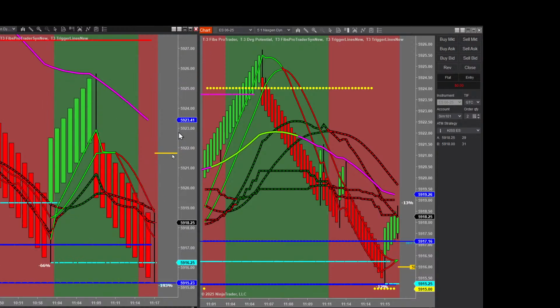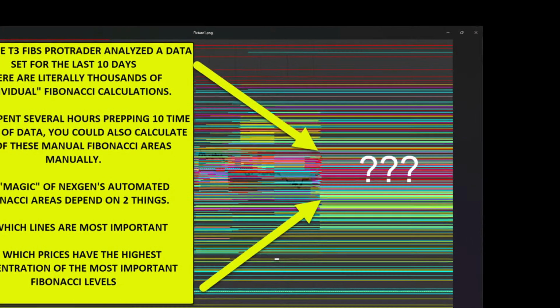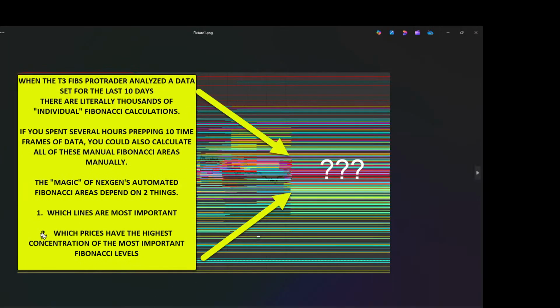This is what Nexgen's been doing for almost 30 years now, creating these fib levels, and it's cool how it's done. You're clearly familiar with it. Guys, when your software opens up, it measures every swing, every up, every down, and it does every Fibonacci calculation that can be done off of that pivot.